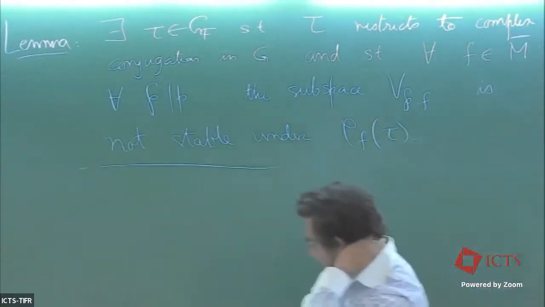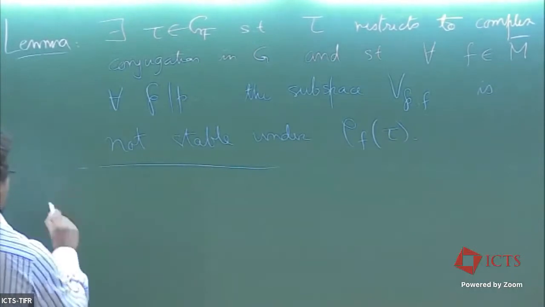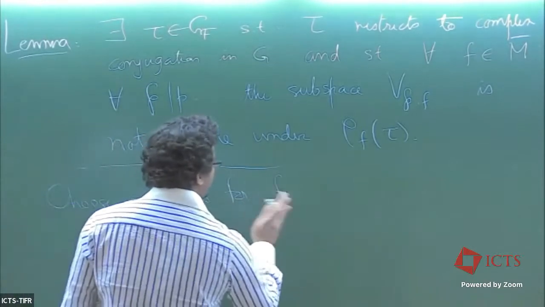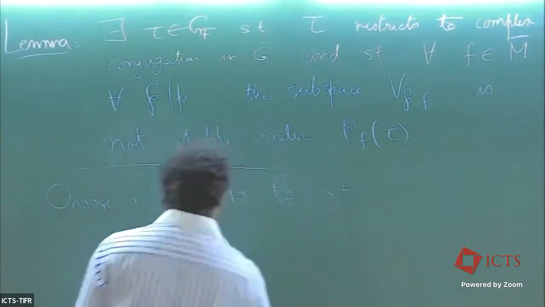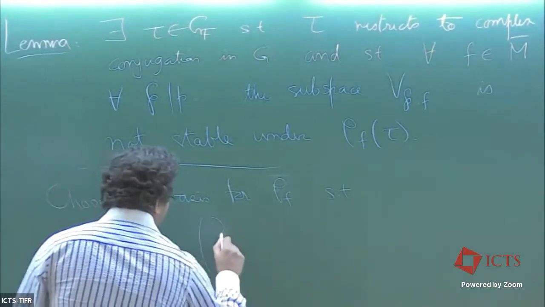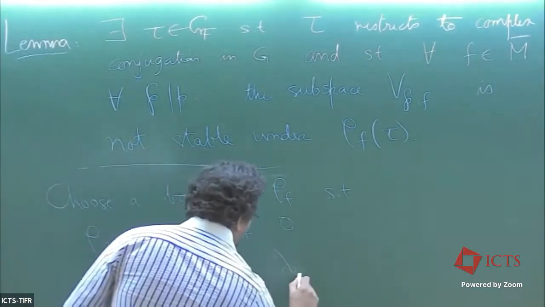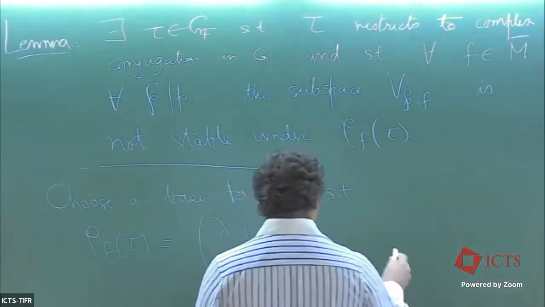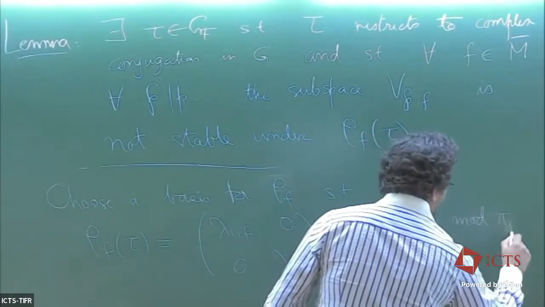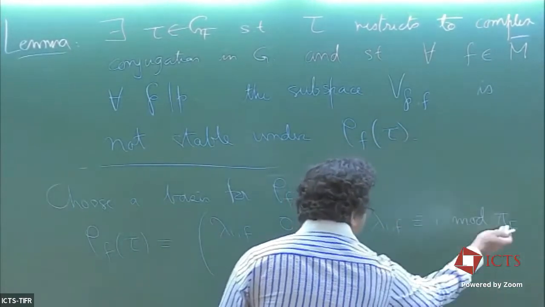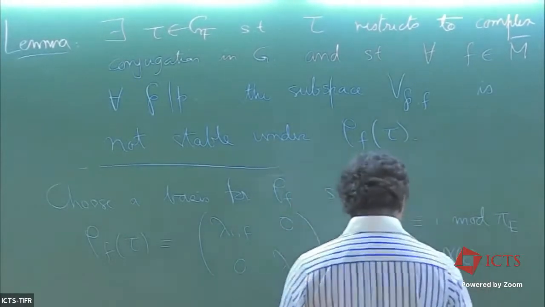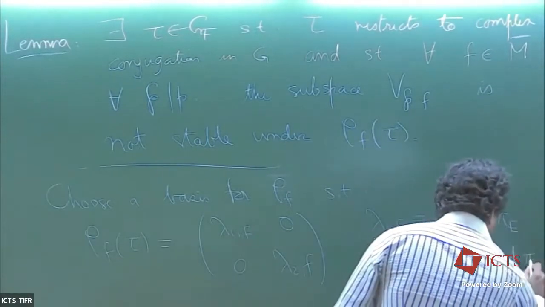Okay, so choose a basis for rho_f such that rho_f(tau) is the diagonal matrix with entries lambda_1(f) and lambda_2(f). These lambda_1 will be congruent to 1 modulo the maximal ideal, the uniformizer pi_E of E, and lambda_2(f) will be congruent to chi(tau) mod pi_E.